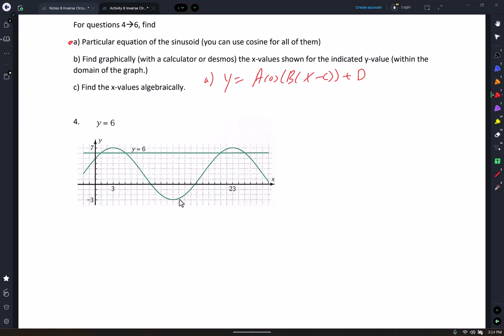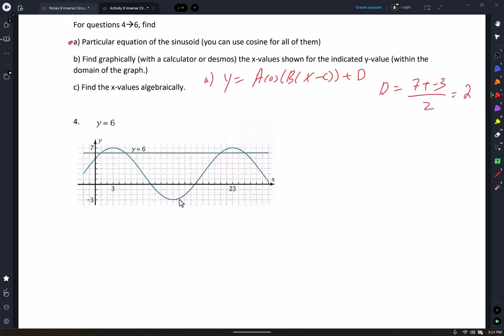So I'm going to find the midline first. I see a max at 7. I see a min at -3, and I'm going to divide by 2. 7 plus -3 is 4, and 4 divided by 2 is 2.